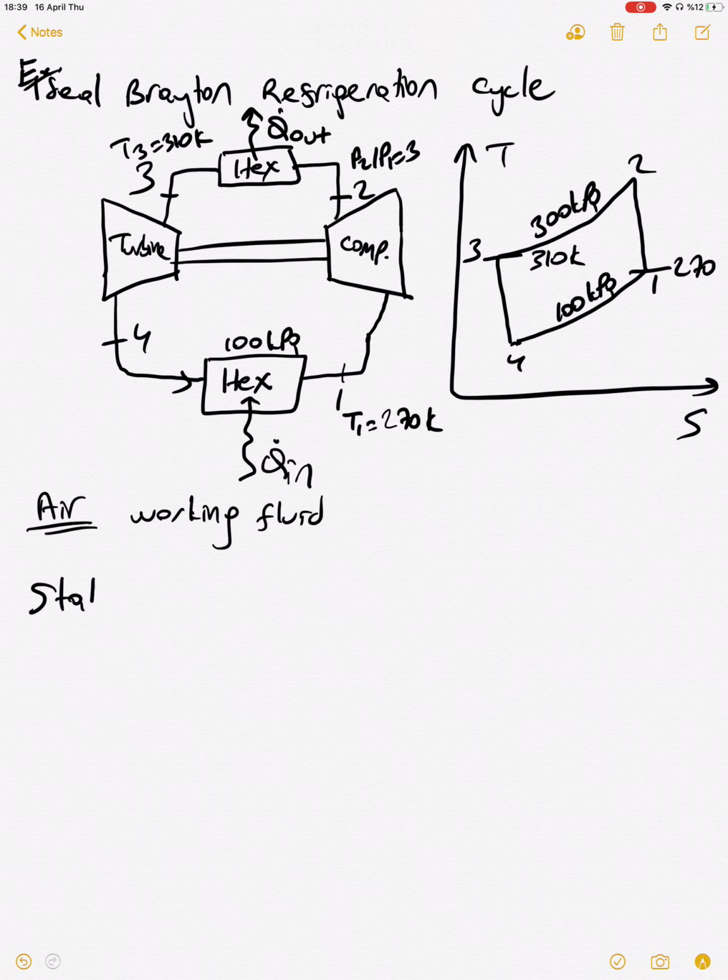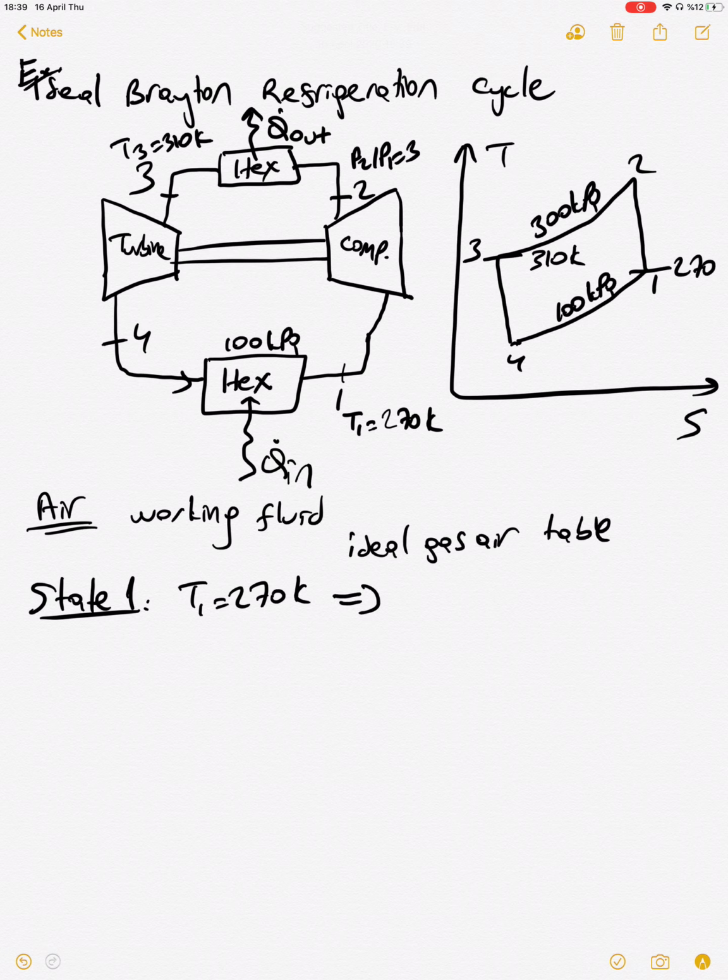Okay, so what are the states? For state 1, T1 is 270. Now this is an ideal gas, so use the ideal gas air tables. Directly we go there and h1 is 270.11 kilojoule per kilogram with a PR1 of 0.959. For state 2, we know the pressure ratio.